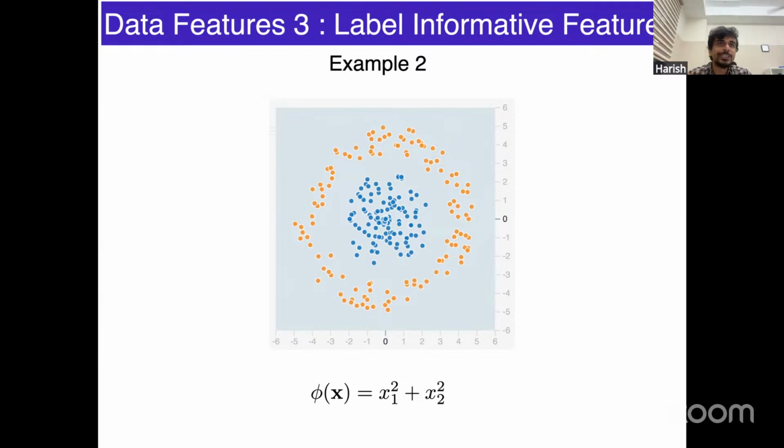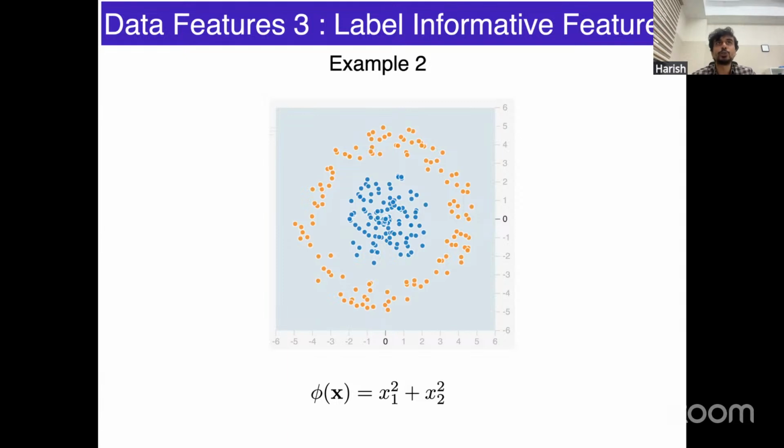For example, in this example here, having information about square root of x1 squared plus x2 squared is really useful, right? That's the part of the data that gives you information about the label. So we'll argue that only functions of the data that contain information about the label are useful data features.